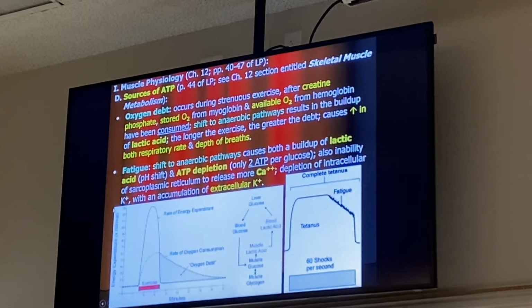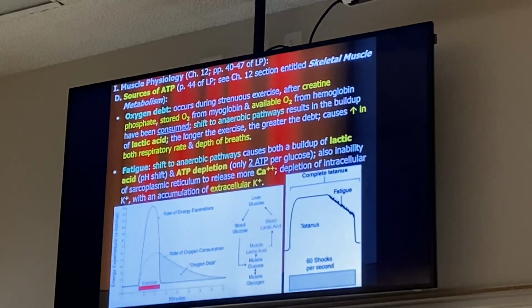Fatigue is three things. One, buildup of lactic acid, what's called lactic acidosis. Two, ADP depletion, because you're only getting 2 per glucose. And three, electrolyte imbalance. That's where it's talking about calcium and potassium.